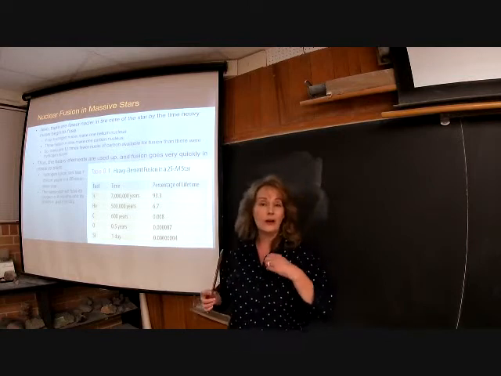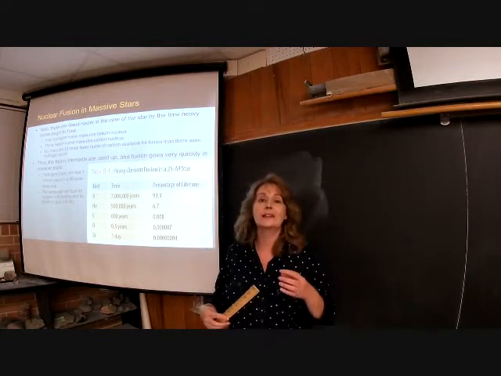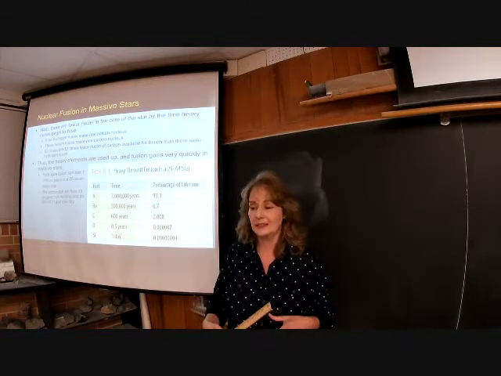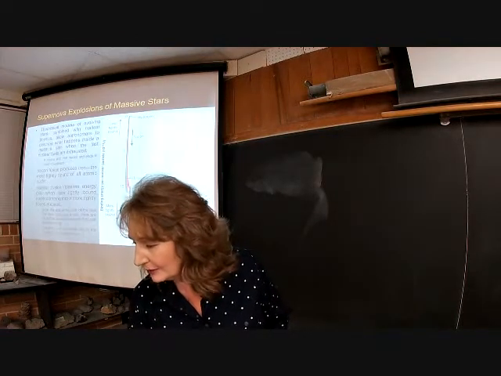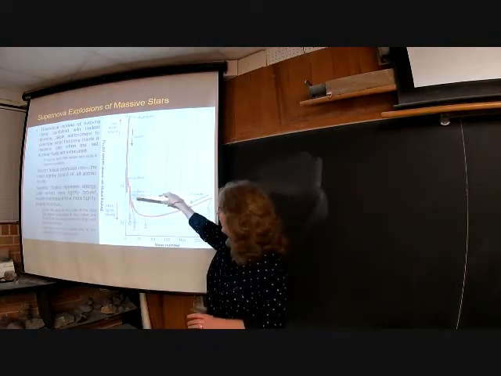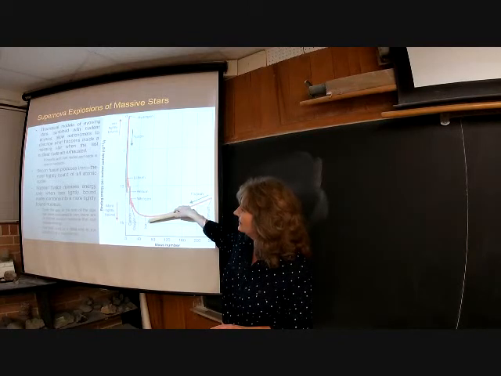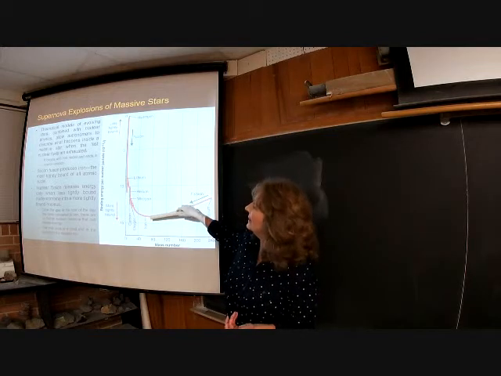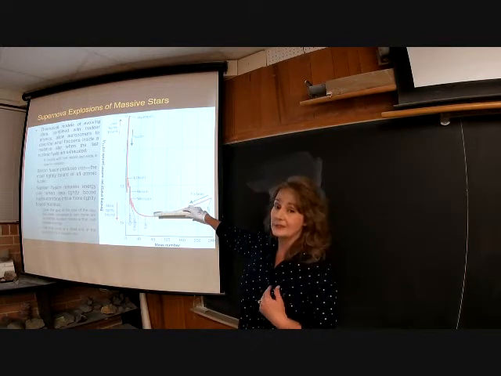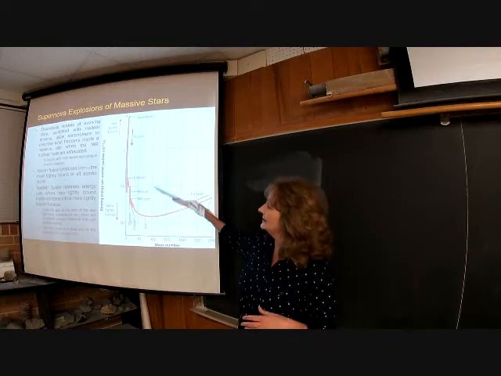But that inner core of iron is the end of the road for these massive, massive stars, okay? Iron is the most tightly bound, as this little chart says. Only when less tightly bound nuclei combine into a more tightly bound nucleus are you going to release energy.